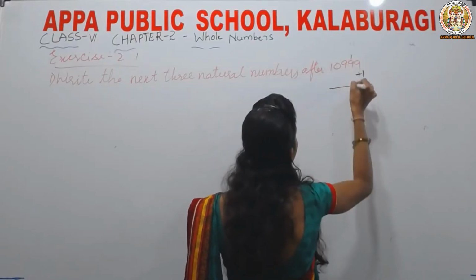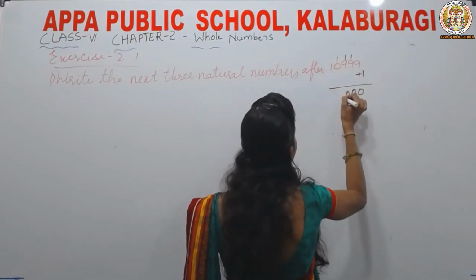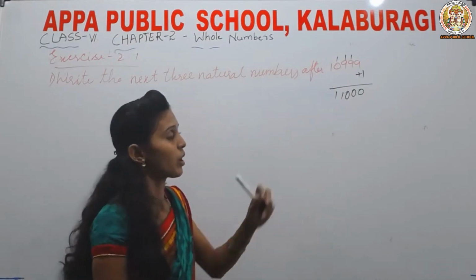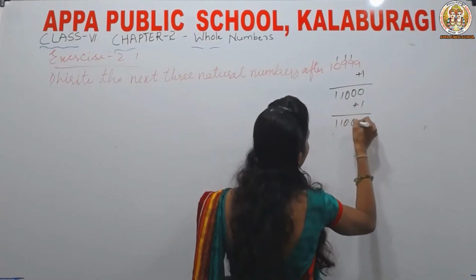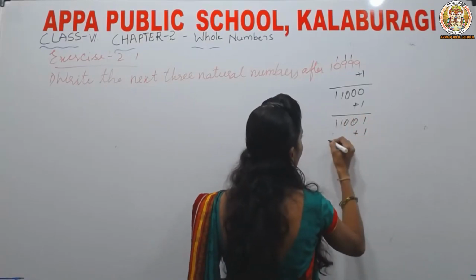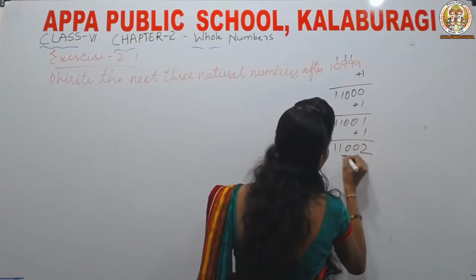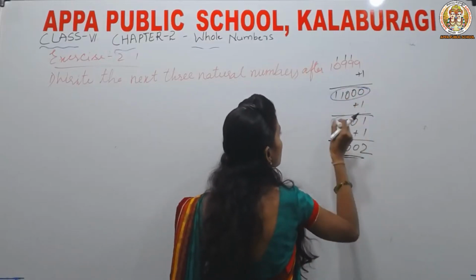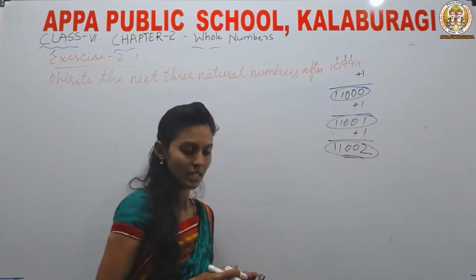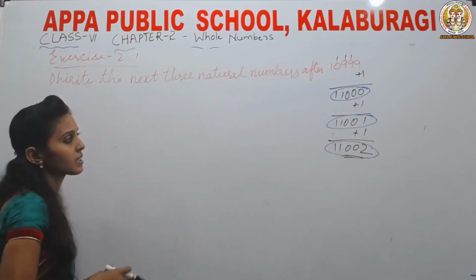I'll get 11,000. One more 1, so I'll get 11,001. One more 1, I'll get 11,002. So these are the next 3 numbers. Shall we write it?